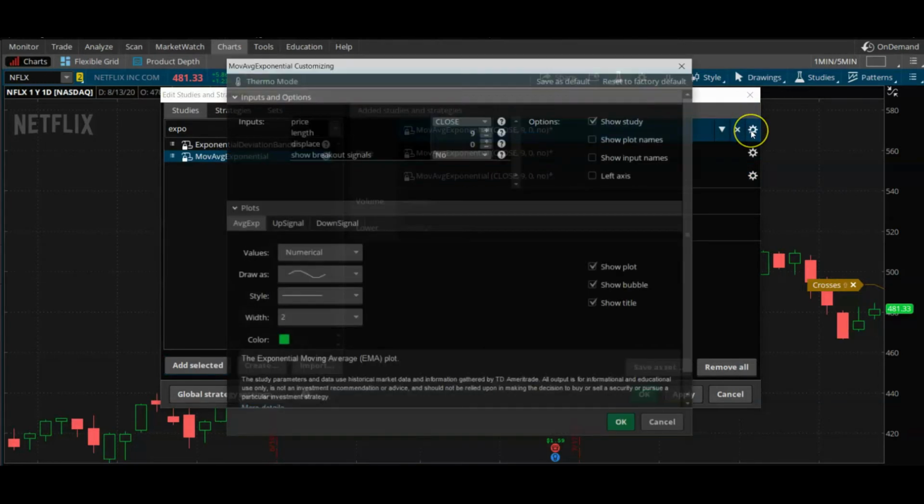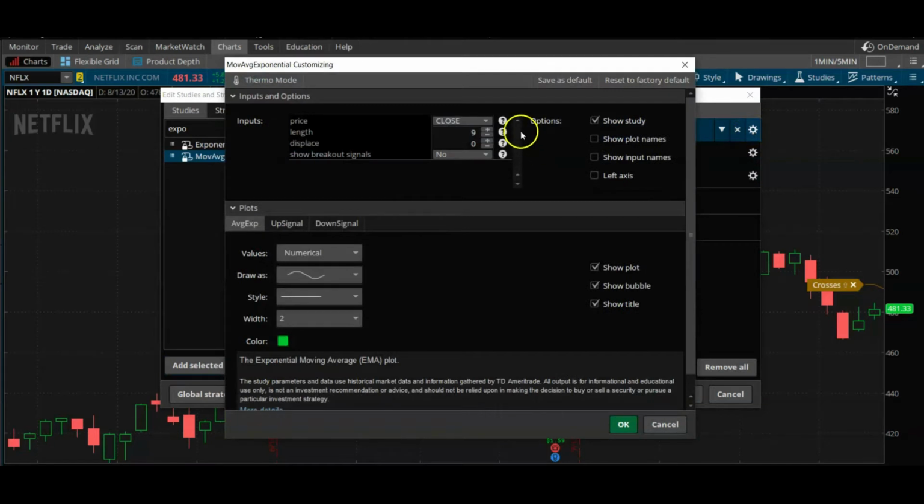We're going to click on the settings button here, and simply that goes down to 3, and green is the color I use to represent the 3-day moving average. This number just shows how thick you want that level to be.